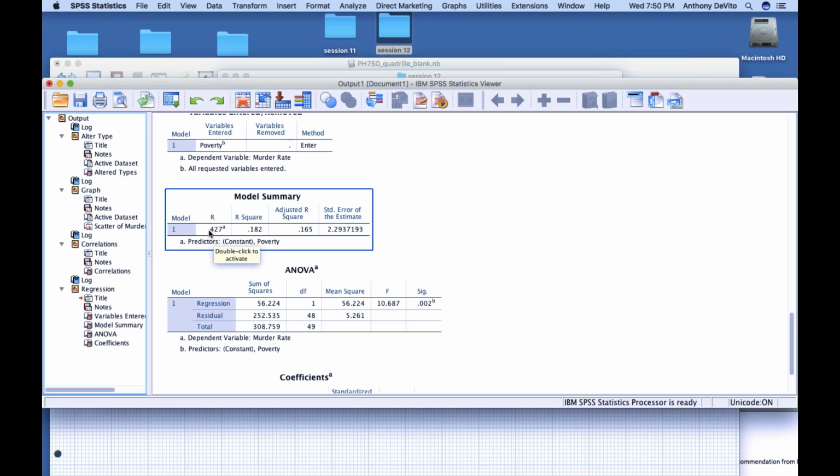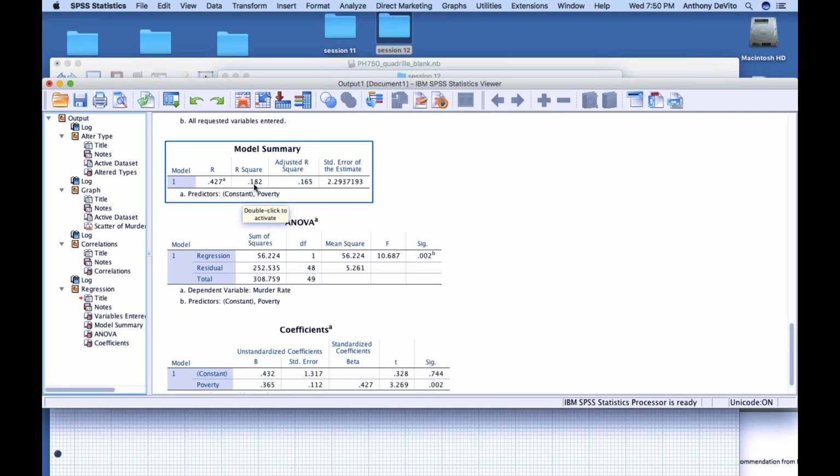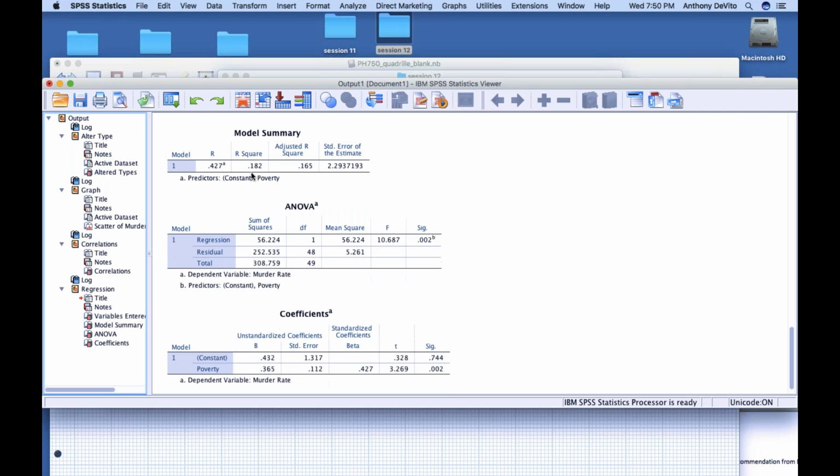And in fact, it comes out to the same thing. It's just squaring the R value, okay? And it comes out to be about 0.18, 18%, right? So our 18% suggests that 18% of the variability in the murder rate is explained by the rate of poverty.